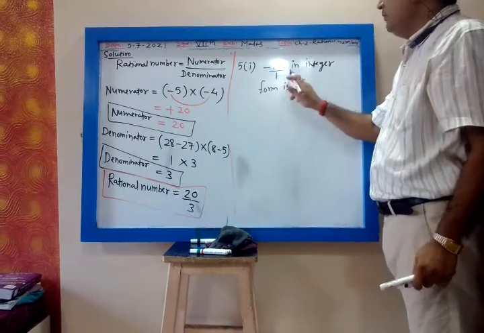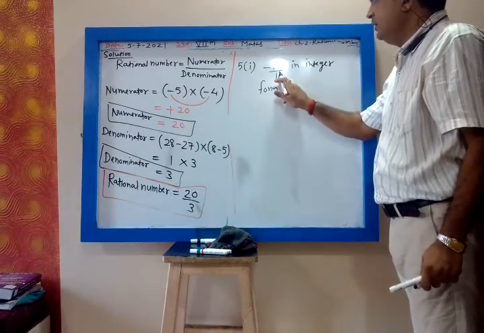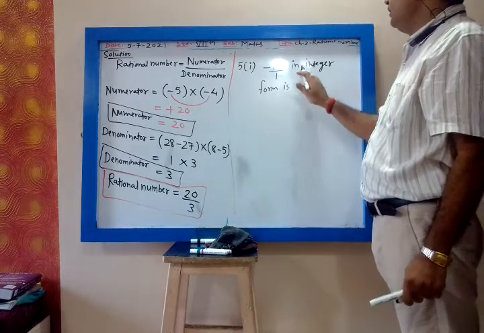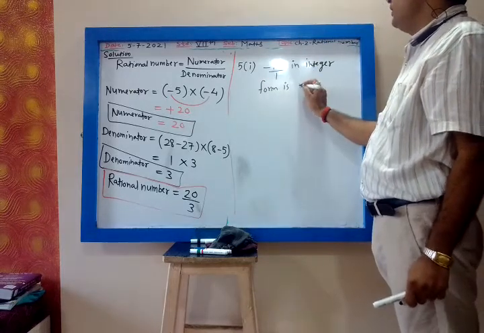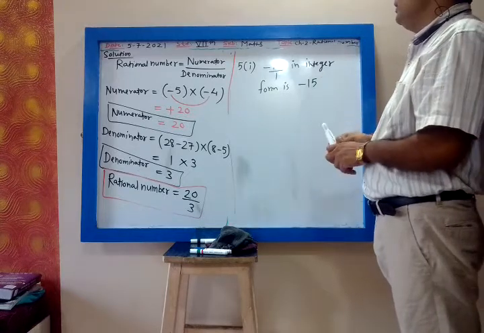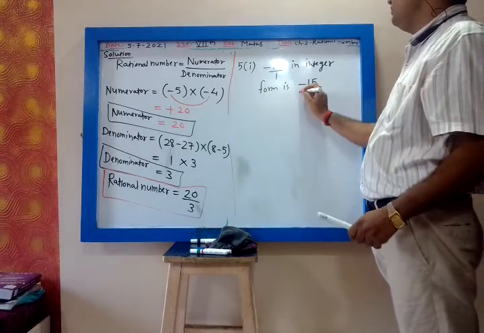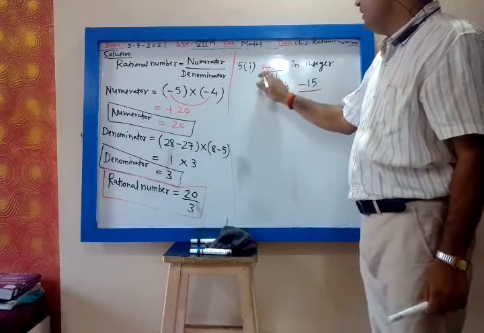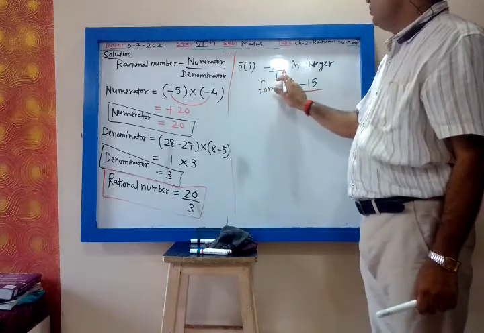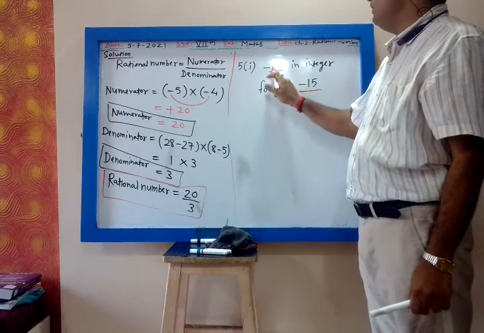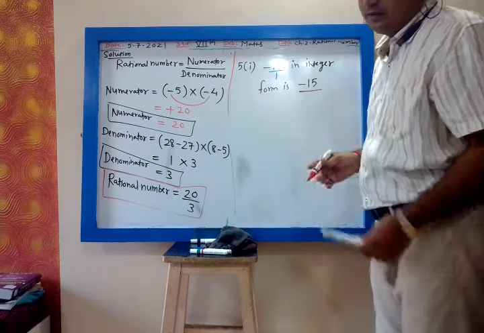But we have seen whenever the denominator is 1, the numerator will be my integer number. So in integer form it is minus 15, because whenever the denominator is 1 we write down the numerator.